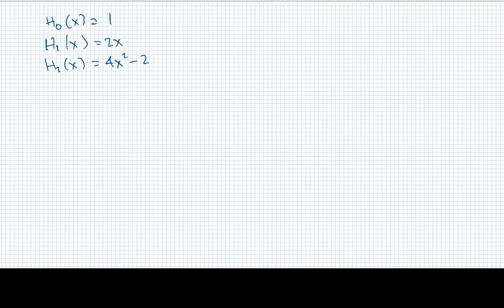Now you notice we're going up one. This was a 0th order polynomial. This is a first order polynomial. This is a second order polynomial. Unsurprisingly, h3 is a third order polynomial, and so forth.